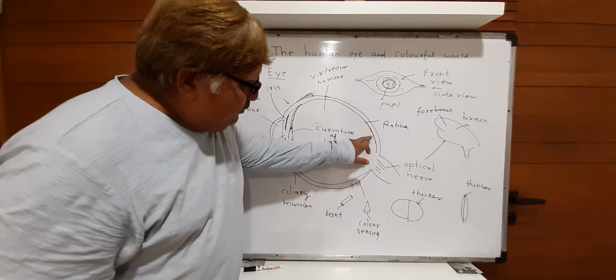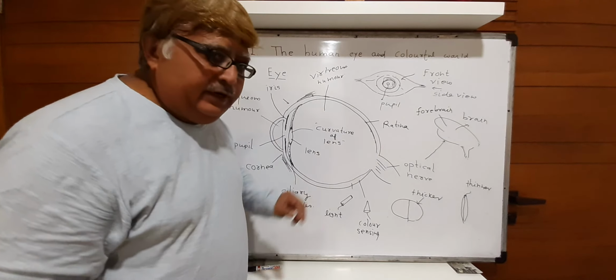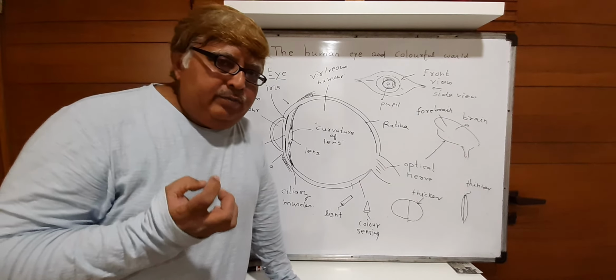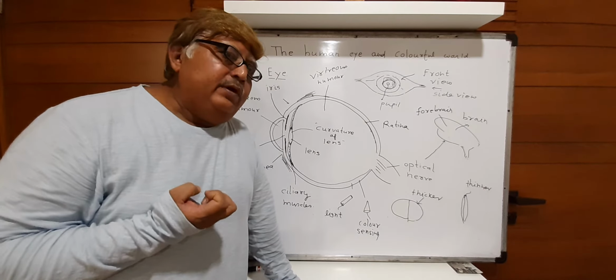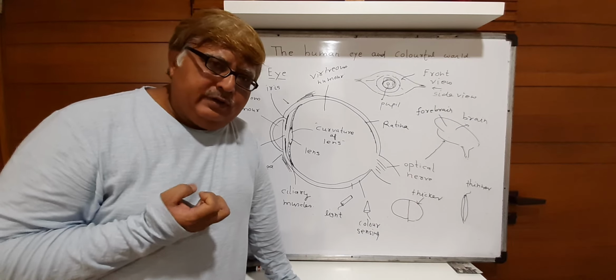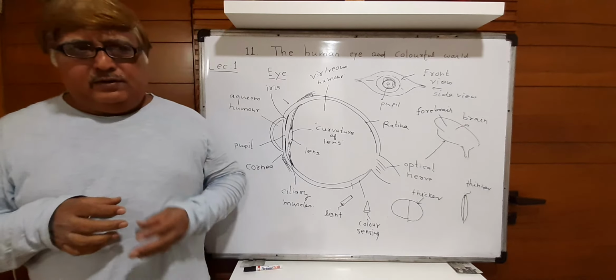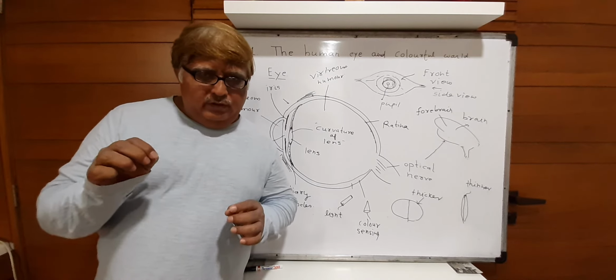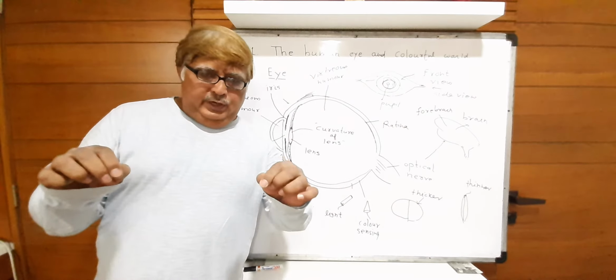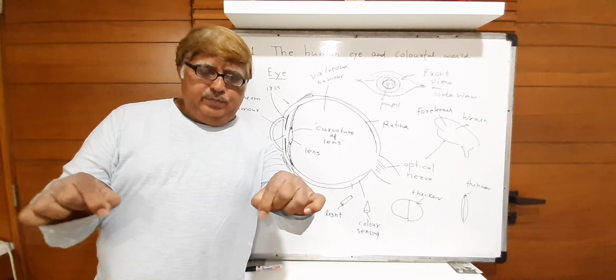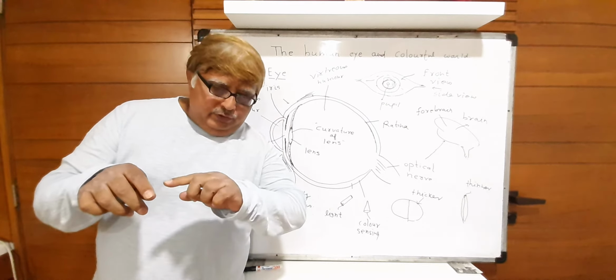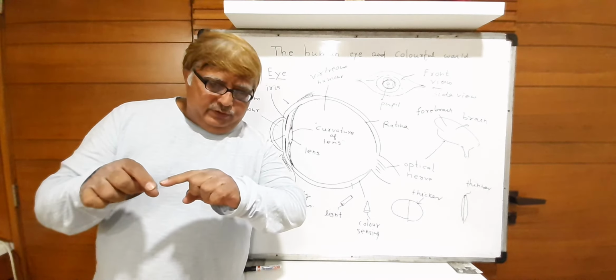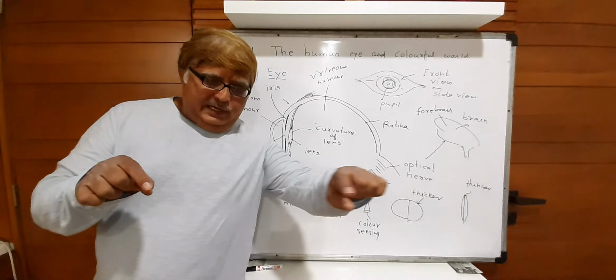The moment the image falls on the retina, illumination of light takes place. Understand? Like, have you seen a Xerox machine? Suppose you place any paper and then you close it, and if you visualize it minutely, light travels.